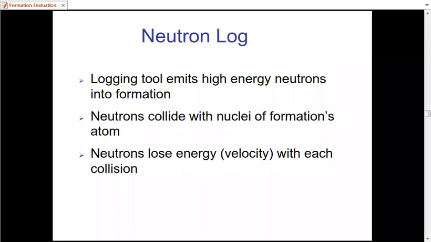The second main type of porosity log is the neutron log. The logging tool emits high energy neutrons into the formation, and these neutrons collide with nuclei of the formation atoms, and they lose energy or velocity with each collision.